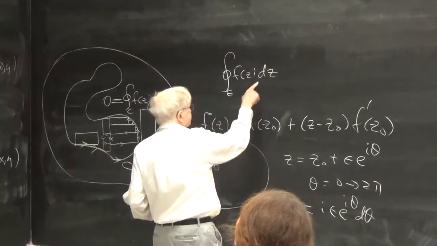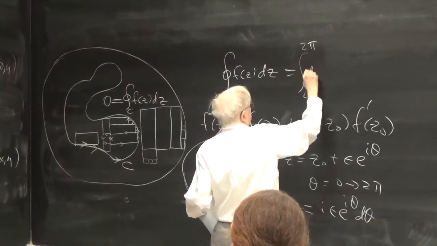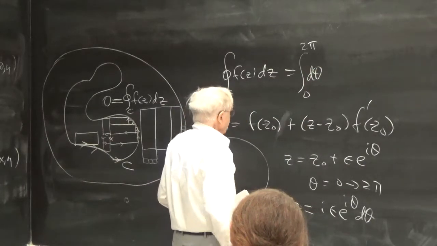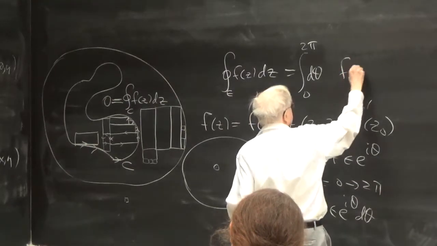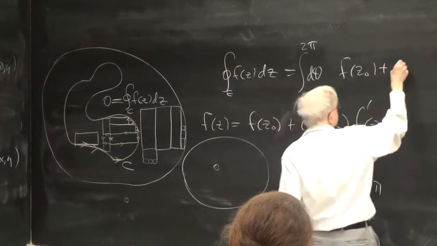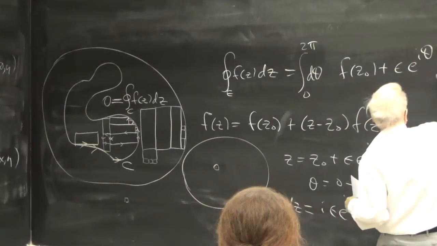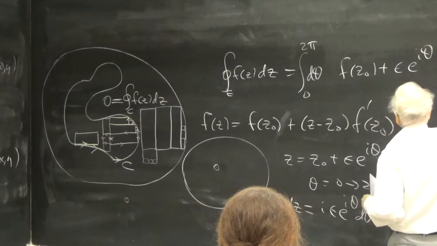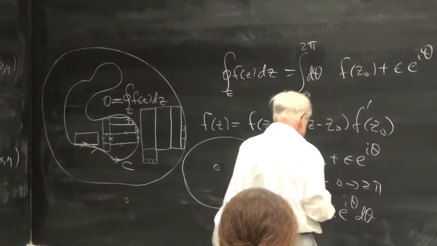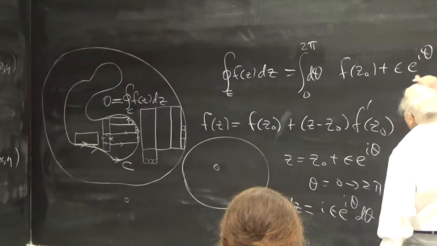Now if we just substitute in here, we have an integral from 0 to 2 pi d theta, and then we have f of z0 plus epsilon e to the i theta times f prime of z0, and dz is i epsilon e to the i theta d theta.